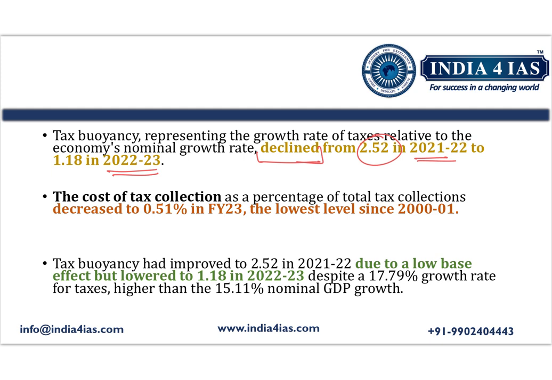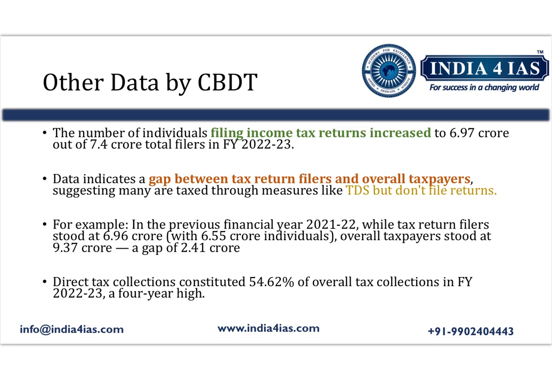So the numbers are not important. What is important is the trend, whether it is increasing or decreasing. For examination, trend is very important. And CBDT also mentioned that tax buoyancy had improved to 2.52 in 21-22 because of the low base effect. So what is base effect? Comment.